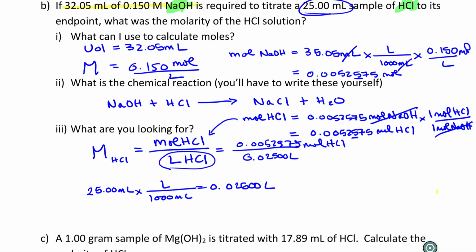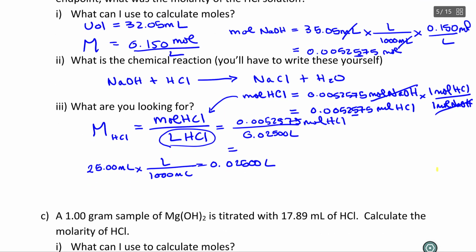And that'll give me my molarity of HCl. And so you plug that into your calculator, and you'll get, let's see, 0.210 moles per liter, or 0.210 molar, like that.